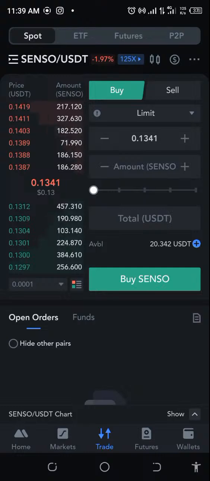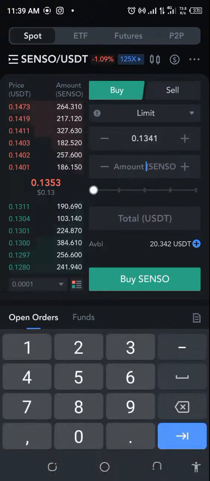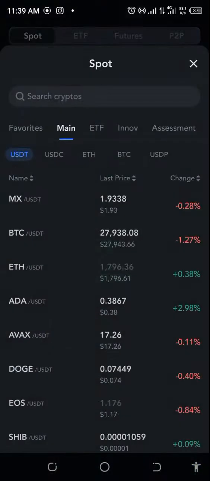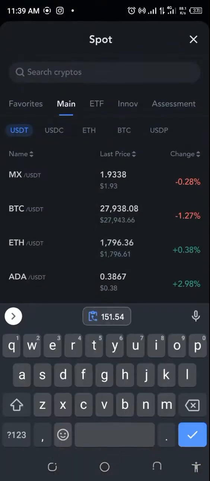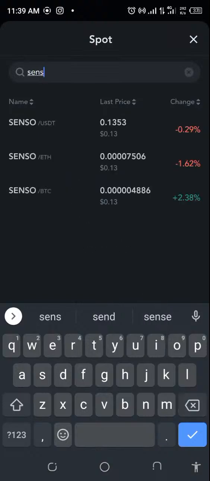And what do we have here? We've got SENSO USDT. Okay, so now let's try this out in the basic simulation, and then we'll see whether we can get this going. So we have 151.54. Okay, let's copy that, and then let's quickly go and change this to SENSO BTC.